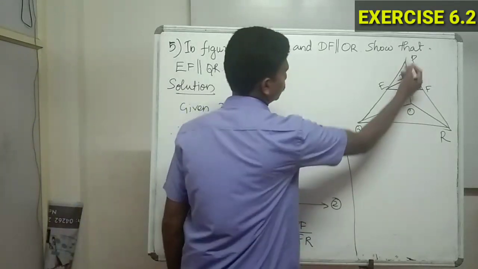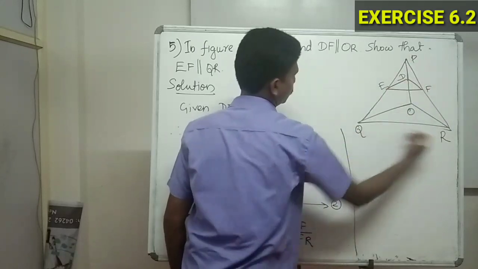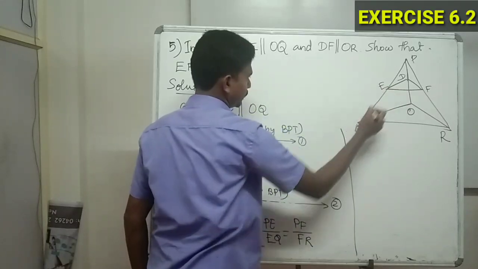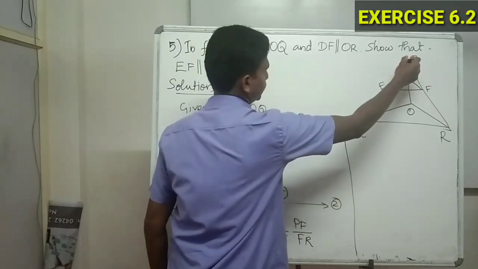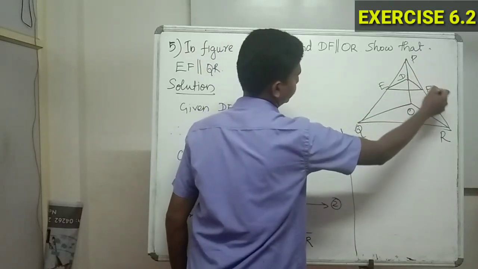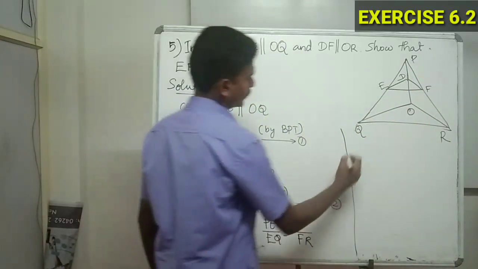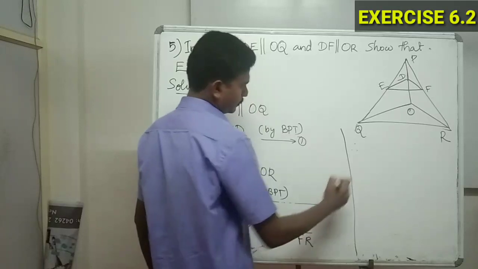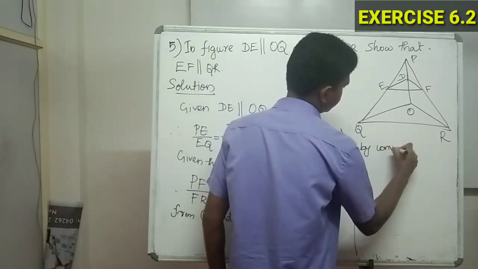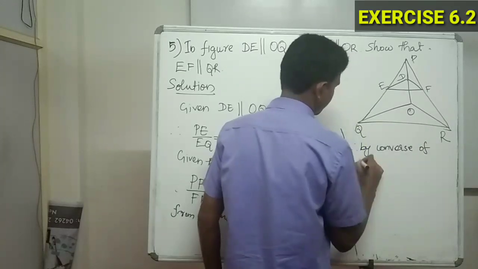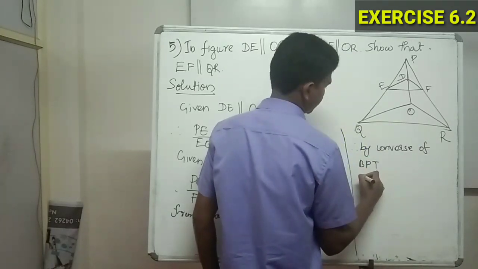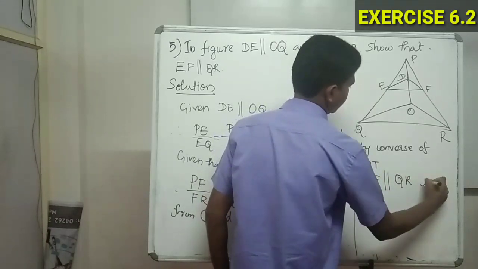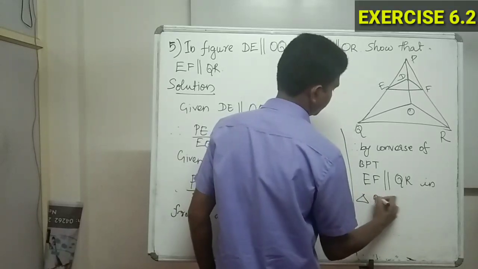Which is the third side here? You can take this triangle PQR. In triangle PQR, PE by EQ is equal to PF by FR. Therefore, by converse of basic proportionality theorem, we can say that EF is parallel to QR in triangle PQR.